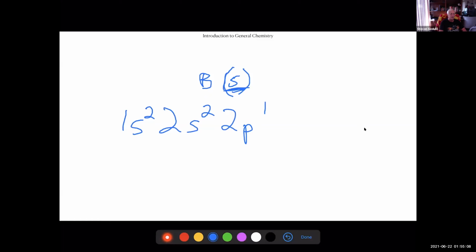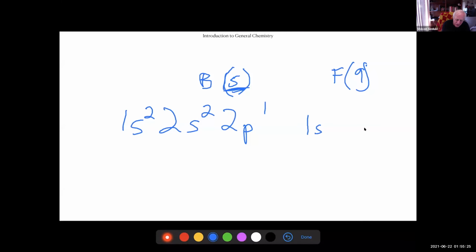If we look at fluorine, what number is fluorine? Fluorine's number 9. So fluorine starts with 1s2, because we filled in the s's. Then we drop down to 2s2. We fill that in, and keep going right across the periodic table. Then we're on the 2p's. How many electrons are in the p's?